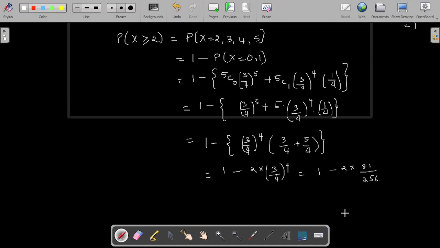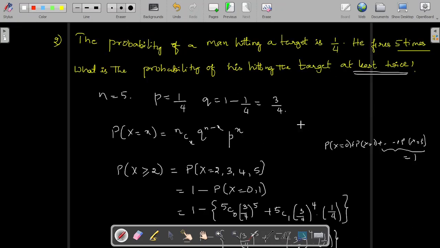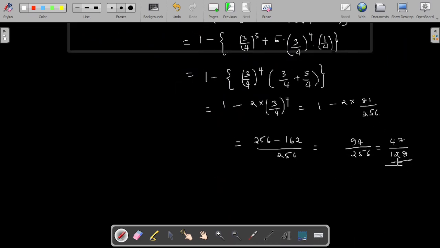So this is equal to 256 minus 162 by 256, which gives you 94 by 256, which you can still simplify to 47 divided by 128. This is the final answer. Probability of his hitting the target at least twice is equal to 47 by 128.